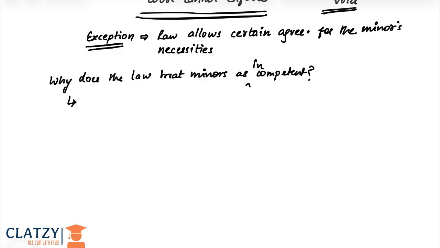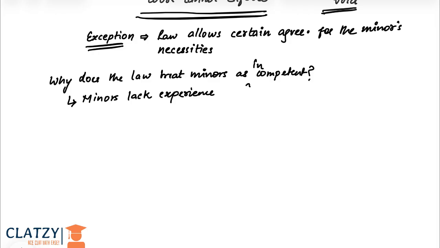If you think, you would come to the conclusion that the law does so because minors lack experience and they can be cheated. Why? Because they have not fully formed their mental capabilities to understand the contents of an agreement and its consequences.